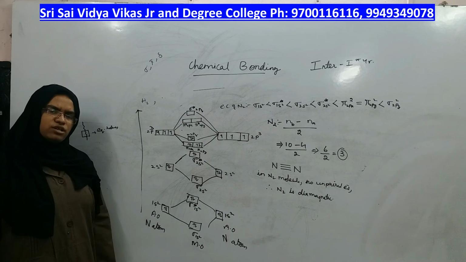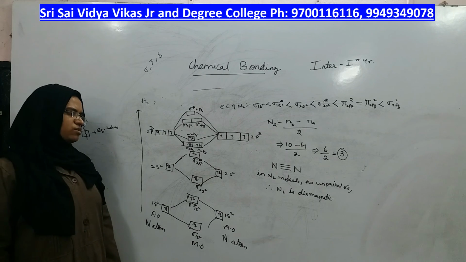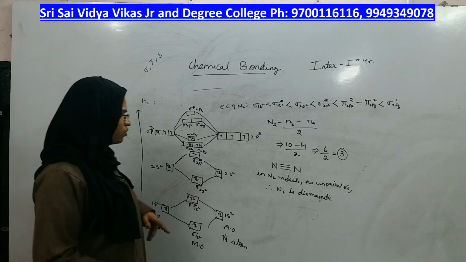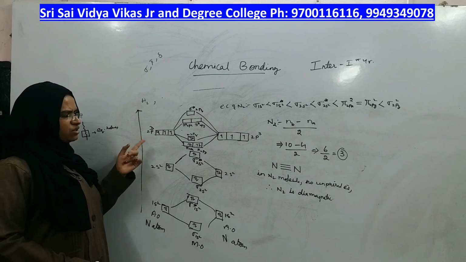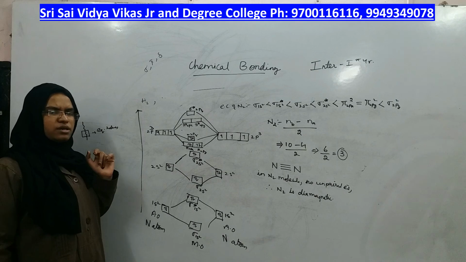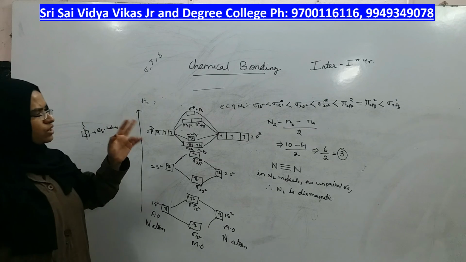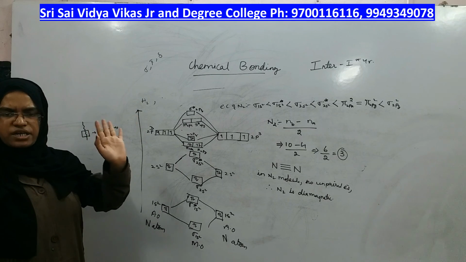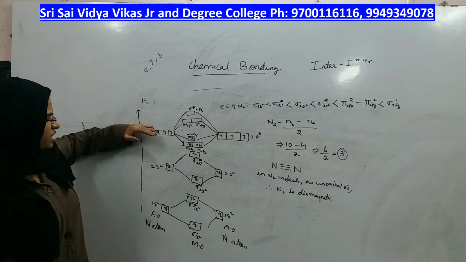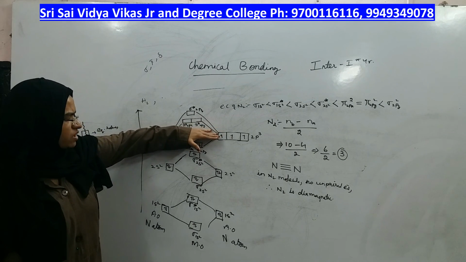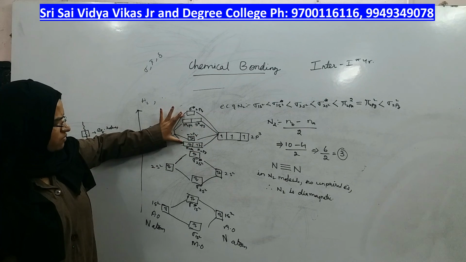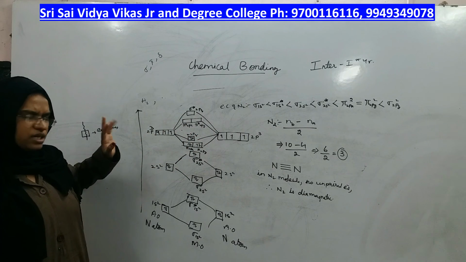What is the next molecule after nitrogen? Oxygen molecule. Okay, now I cannot make any adjustments by adding one electron in oxygen molecule, because I told you in the beginning that till nitrogen molecule the diagram is unsymmetrical, which means if I try to cut in between you will not get two equal halves, right?